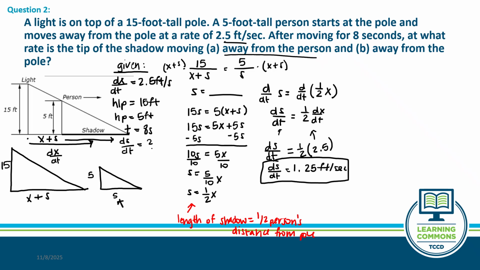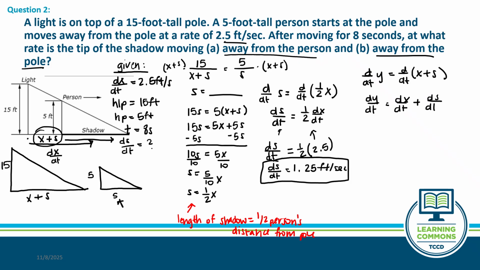That's this right here. So now I need to find away from the light pole. So that is going to be this x plus s, which is just going to be d over dt y equals d over dt x plus s, which will be dy over dt equals dx over dt plus ds over dt.